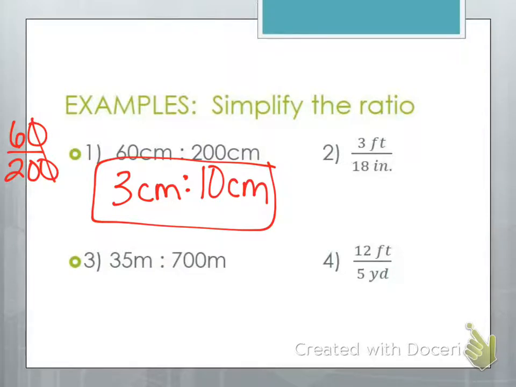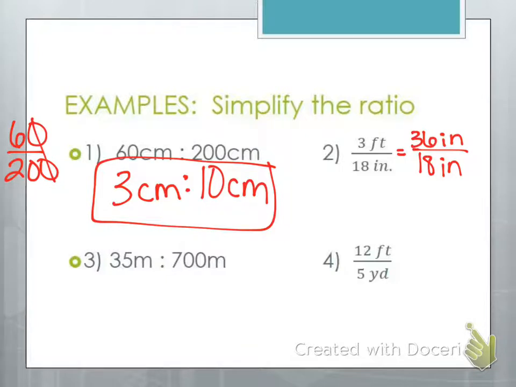What unit do we want to stick with? Inches is going to be easier for us. It's going to be easier to turn 3 feet into inches. 36. Good. We multiply by 12. 3 times 12 gives us 36 inches. The 18 can stay because it's already in inches.